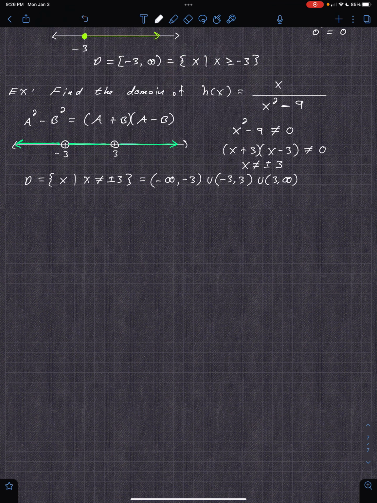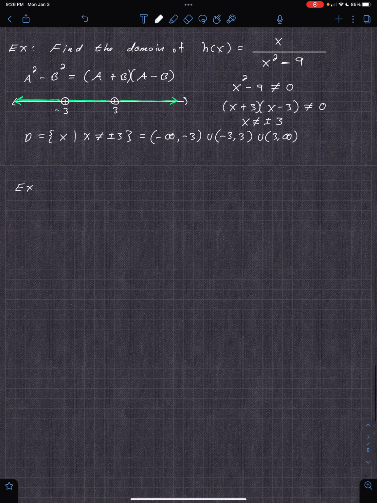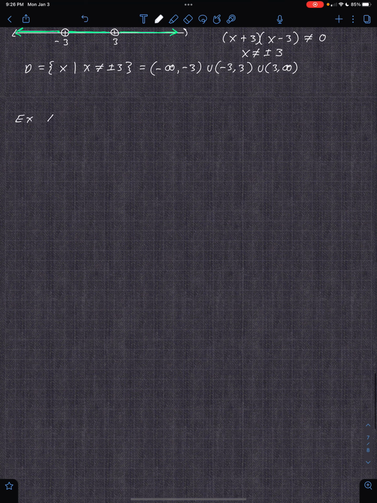Okay, so a couple more to try. Let's do another one. So next example, find the domain of f of x equal to x plus 2 over x squared minus 3x minus 28.